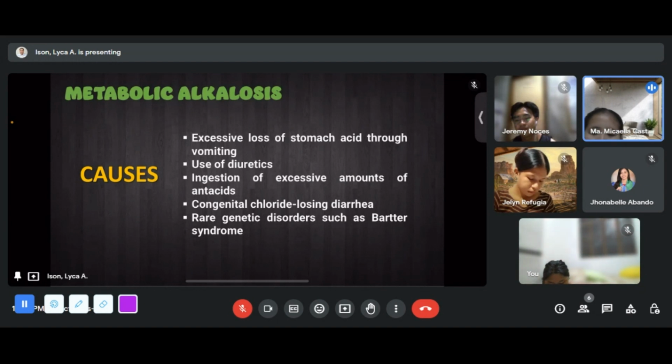So, yung rare genetic disorder such as Bartter syndrome. Yung Bartter syndrome is a rare genetic disorder rin na nakakaapekto sa kidney natin, sa ability to mag-reabsorb ng salt at mga electrolyte including chloride. And nagdudulot din ito ng metabolic alkalosis. Next.